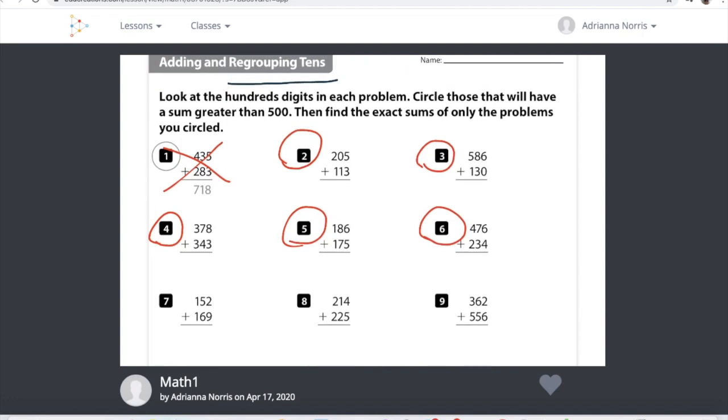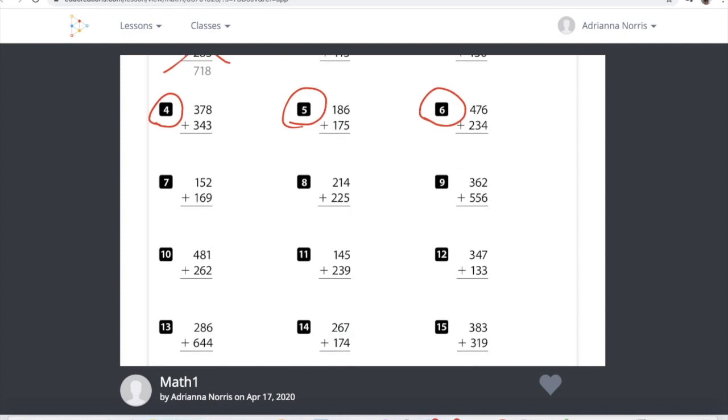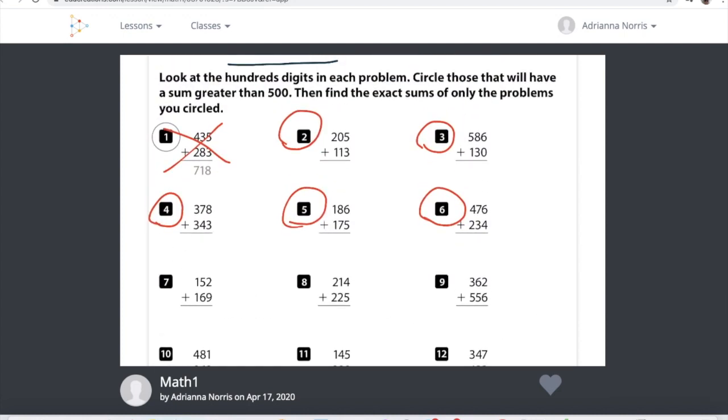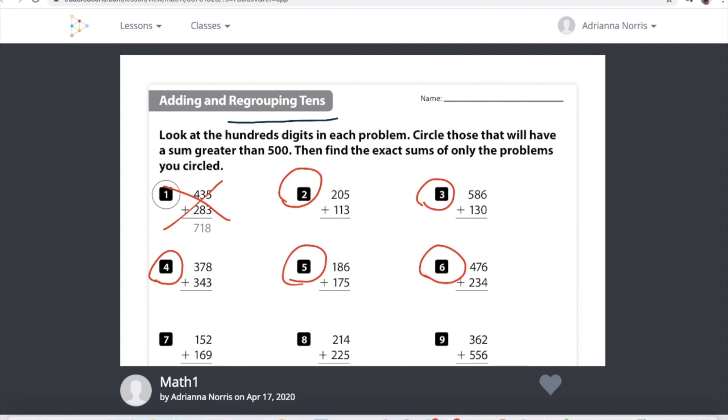Look at the hundreds digits in each problem. Circle those that will have a sum greater than 500. Then find the exact sum of only the problems you've circled. So we're not going to worry about those directions today.